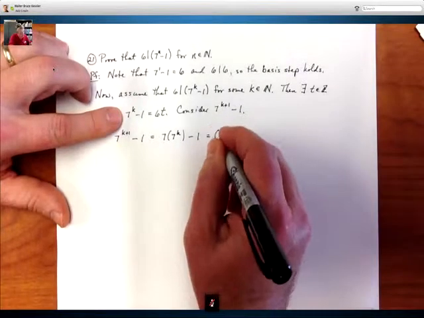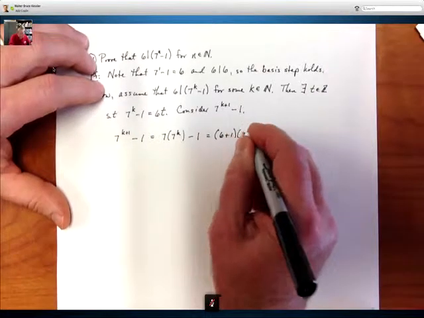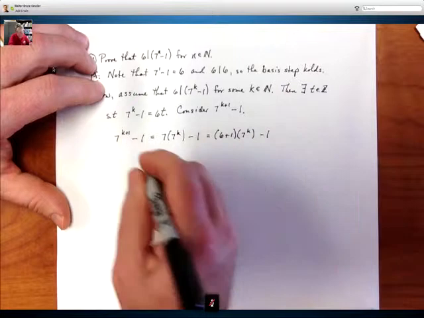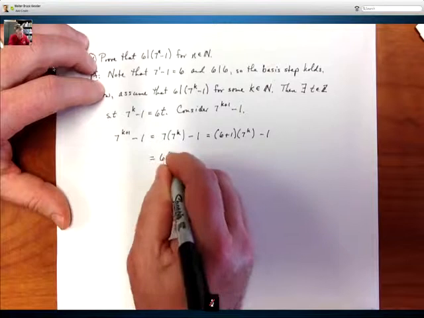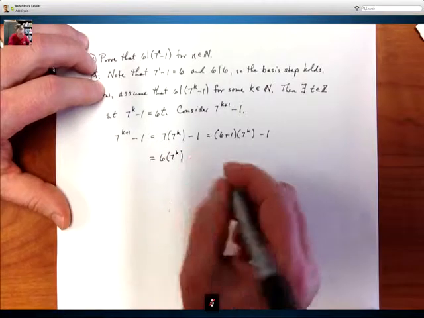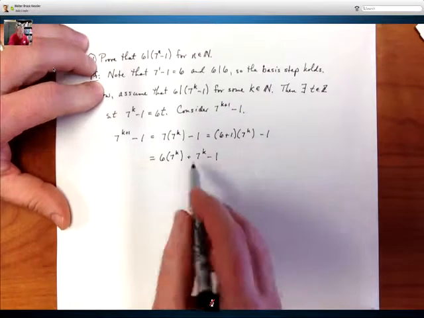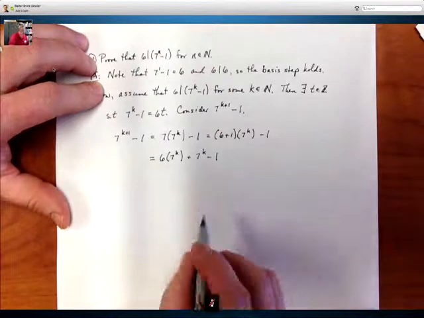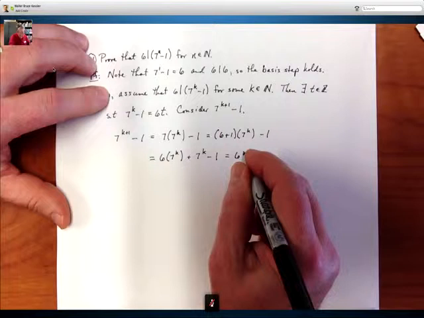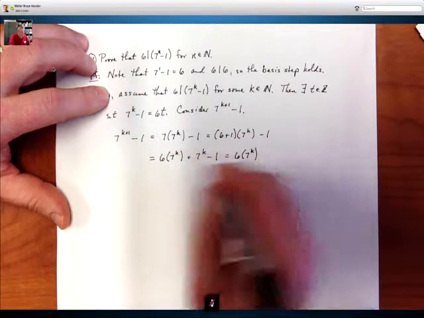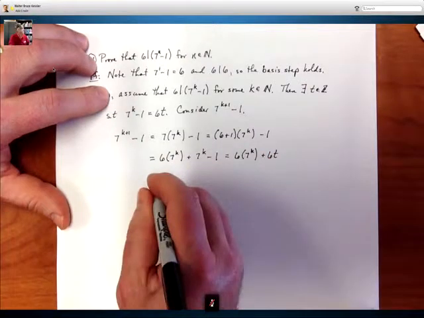However, I can draw upon the fact that 7 is 6 plus 1. And when I distribute this through the parentheses, I get 6 times 7 to the k plus 7 to the k minus 1. And there you go. There's the 7 to the k minus 1. I know that that is 6t. So this is 6 times 7 to the k, and then this part right here is 6t.